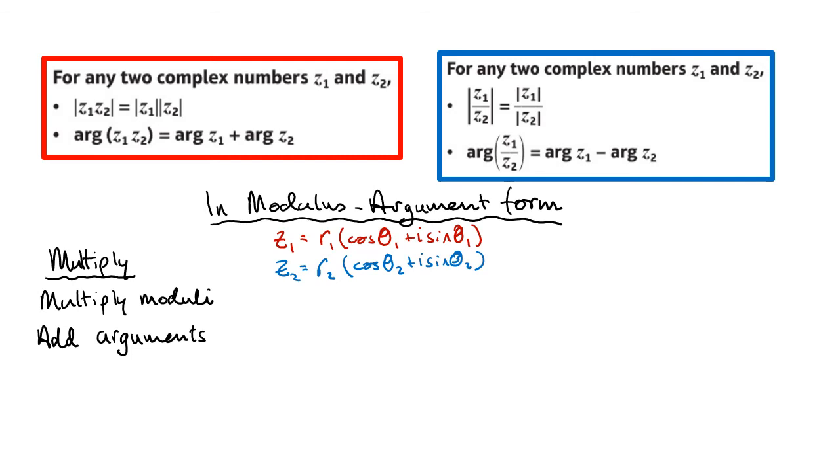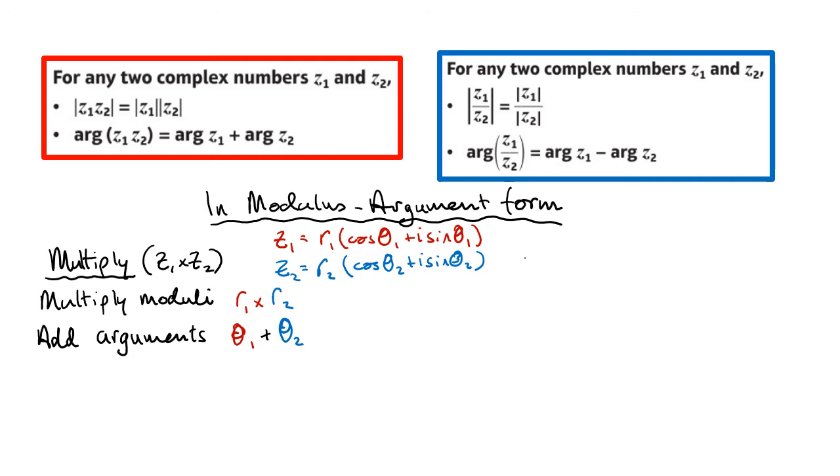That means I'm doing z1 times z2. If I multiply the moduli, I just do r1 times r2 to get the modulus of the answer. If I add the arguments, I do theta 1 plus theta 2, and I get the argument of the answer. So multiply the r's, add the arguments.